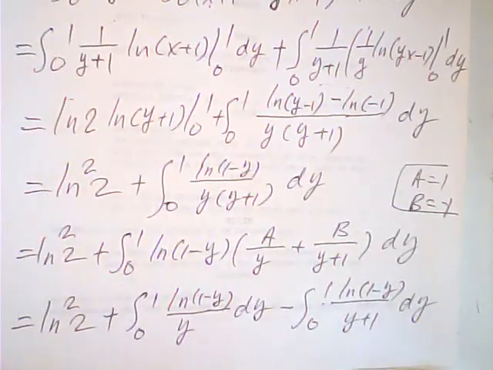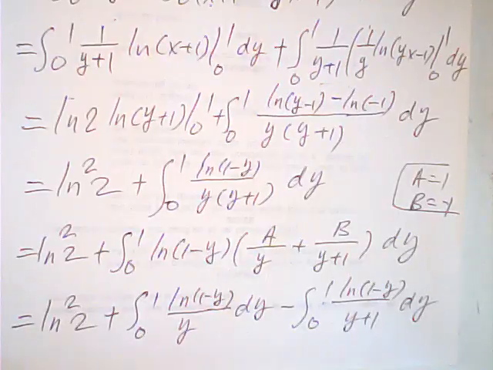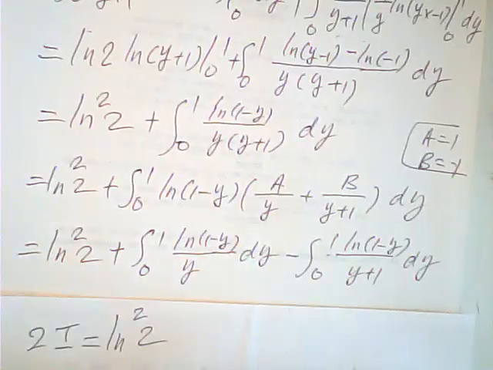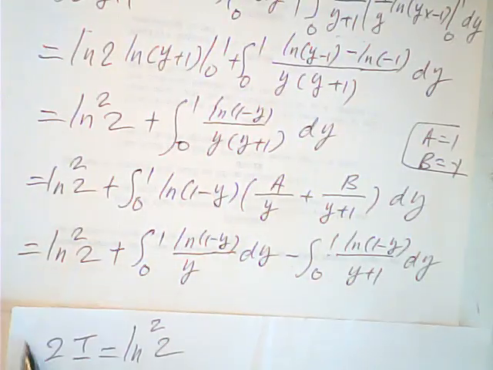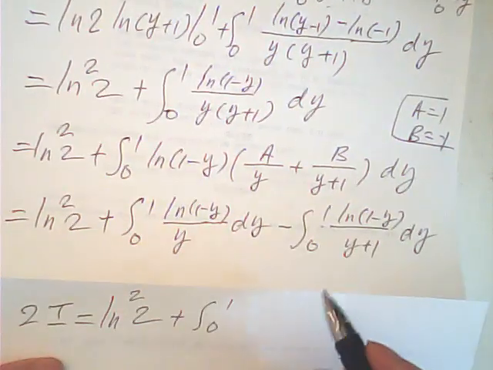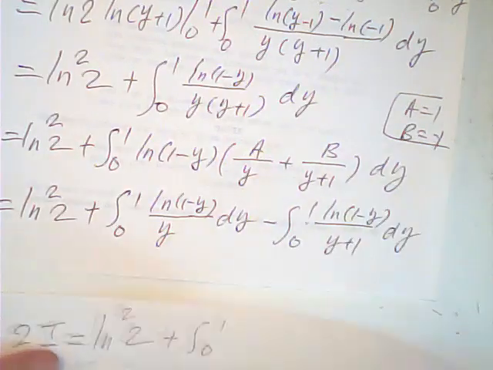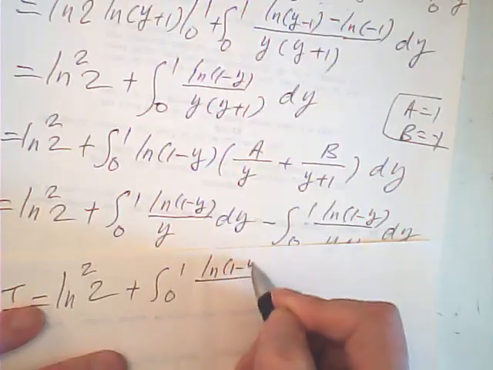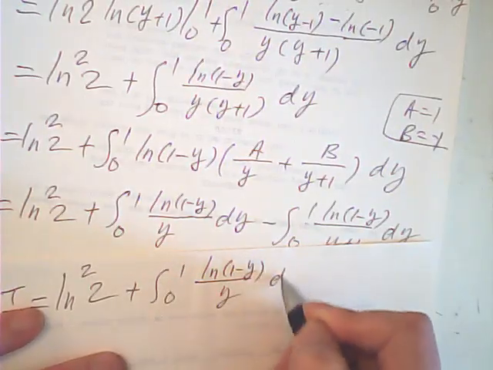So if we move over there, 2I is equal to natural log squared 2 plus the integral from 0 to 1 of natural log 1 minus y dy. Wow, the picture is clearer. It's much better.